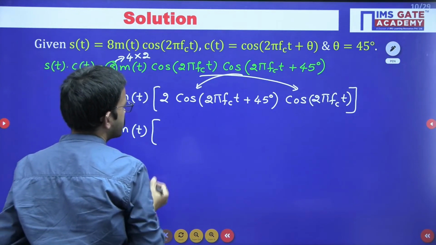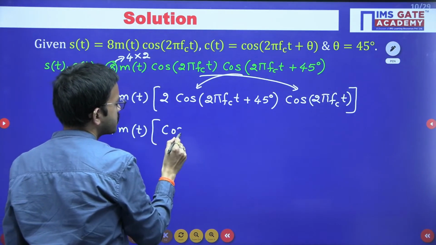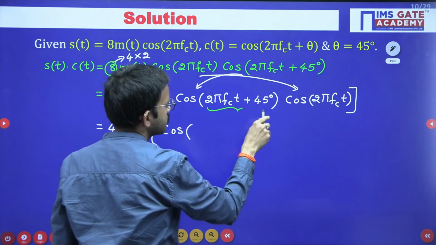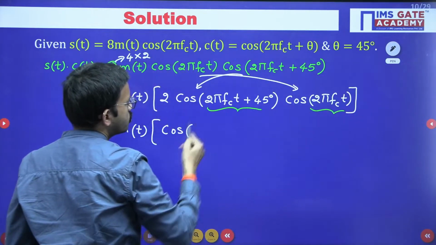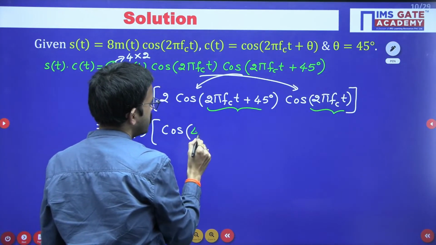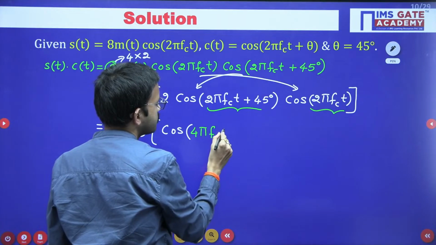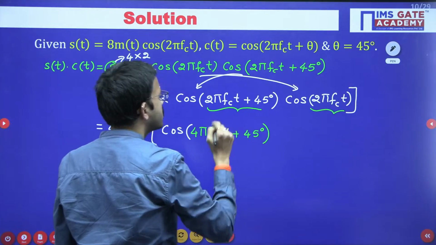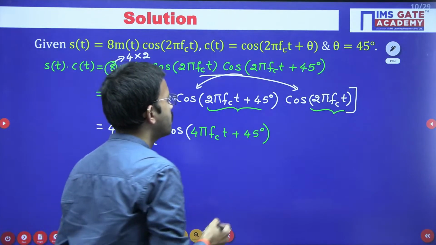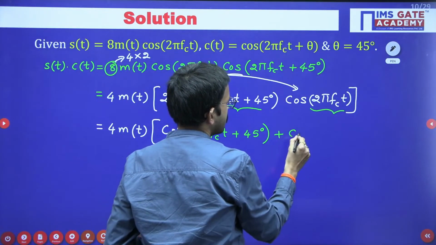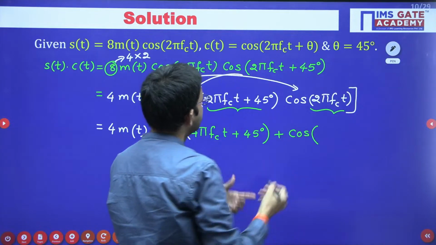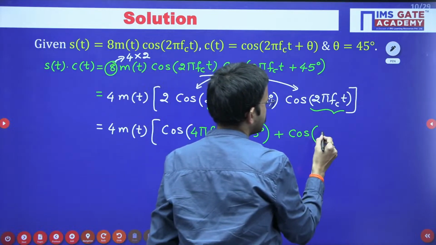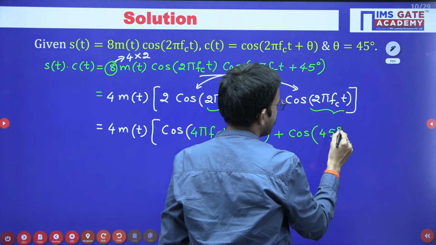So when you add both, 2 pi plus 2 pi is 4 pi, so you will get 4 pi f c t plus 45 degrees. Cos difference: 2 pi f c t and 2 pi f c t will get cancelled, you will get 45 degrees.